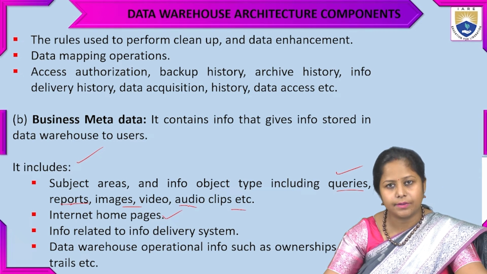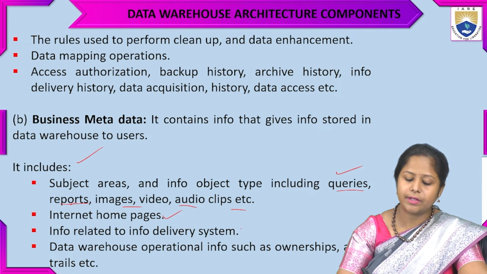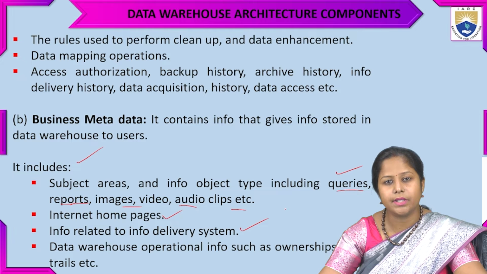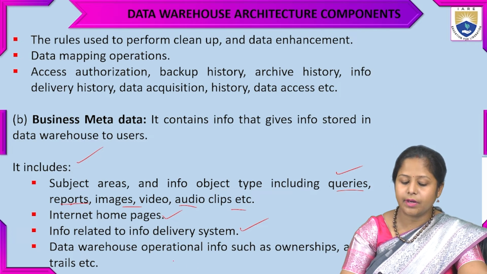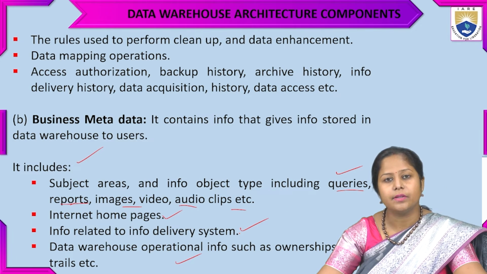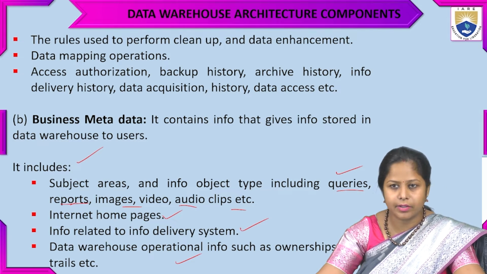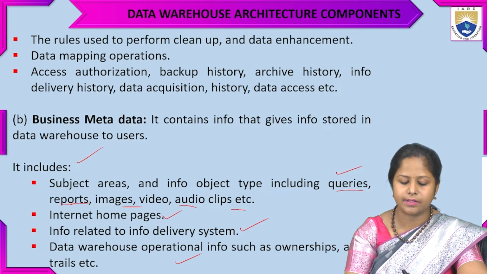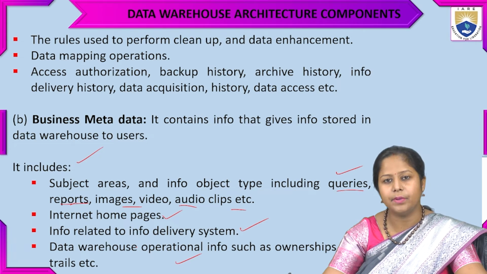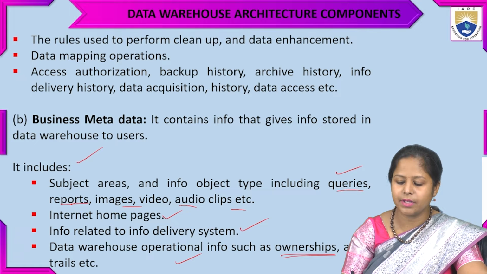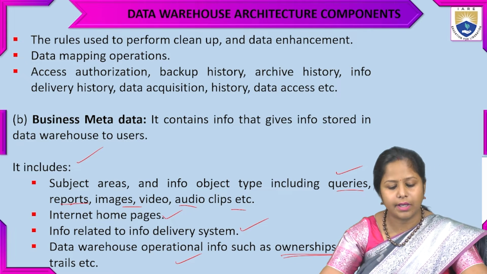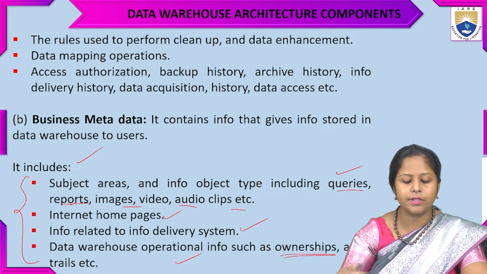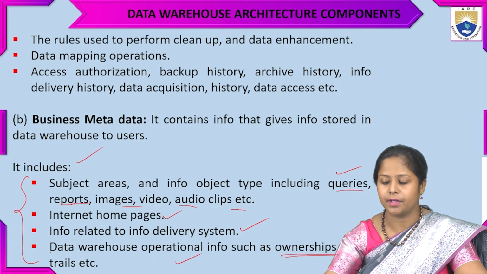Internet home pages, and information related to the information delivery system. Data warehouse operational information, such as ownership and audit trails. These are some examples of data warehouse operational information, that is ownership and audit trails, and all of that is included in the business metadata.